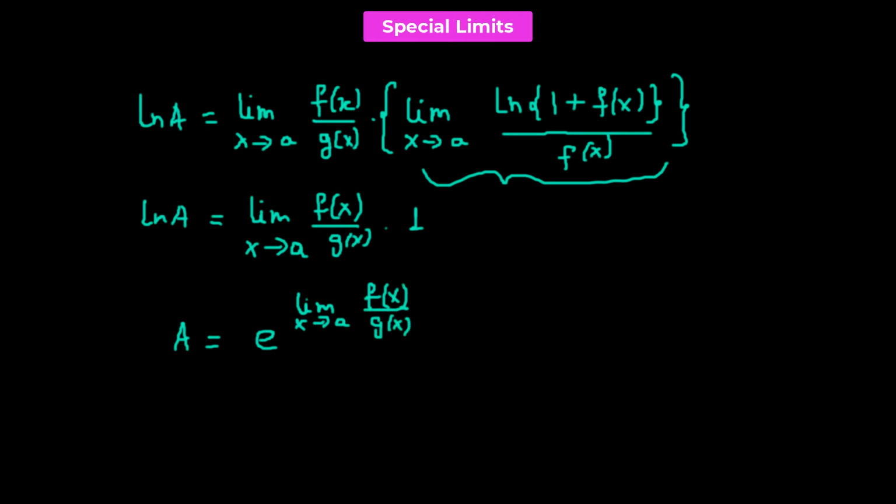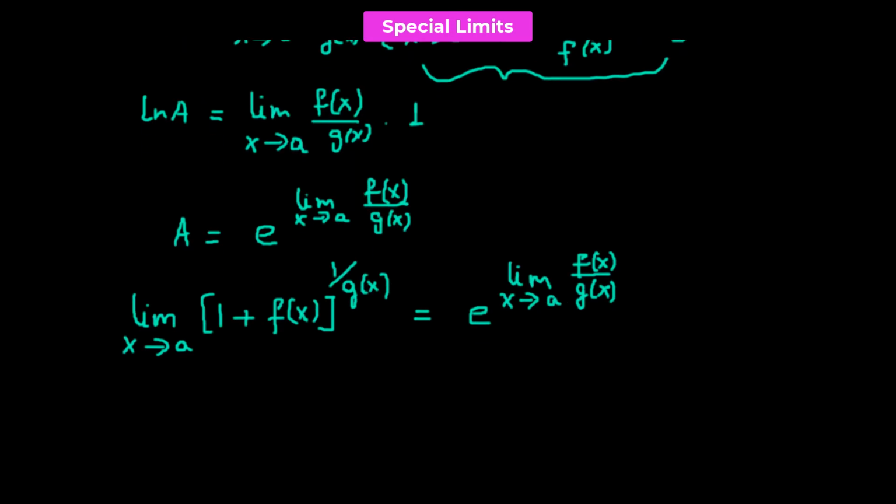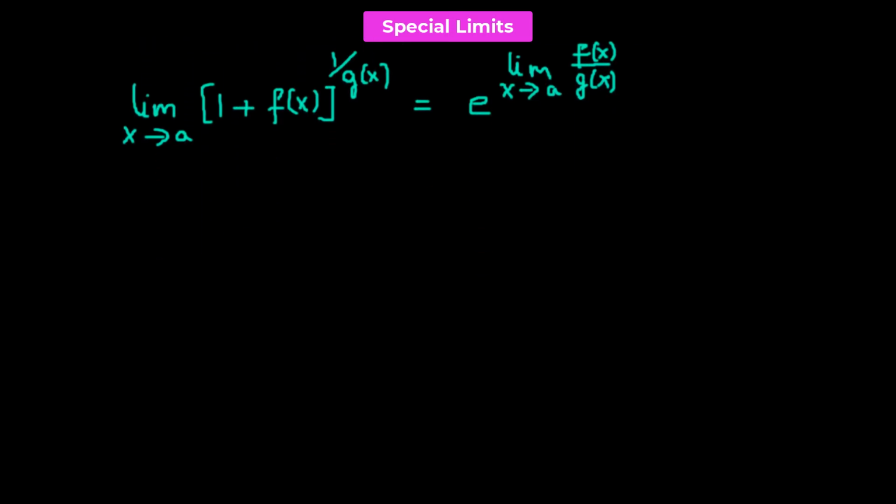So let's substitute the value for a. So we have the limit as x approaches a of 1 plus f of x whole raised to the power of 1 over g of x is going to be equal to e raised to the power of the limit as x approaching a of f of x divided by g of x. So this is a standard definition that we will use in solving a few problems.